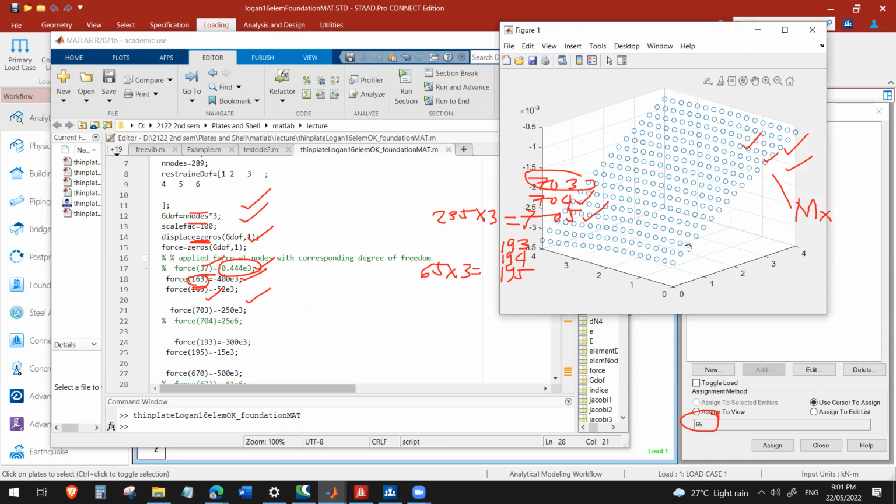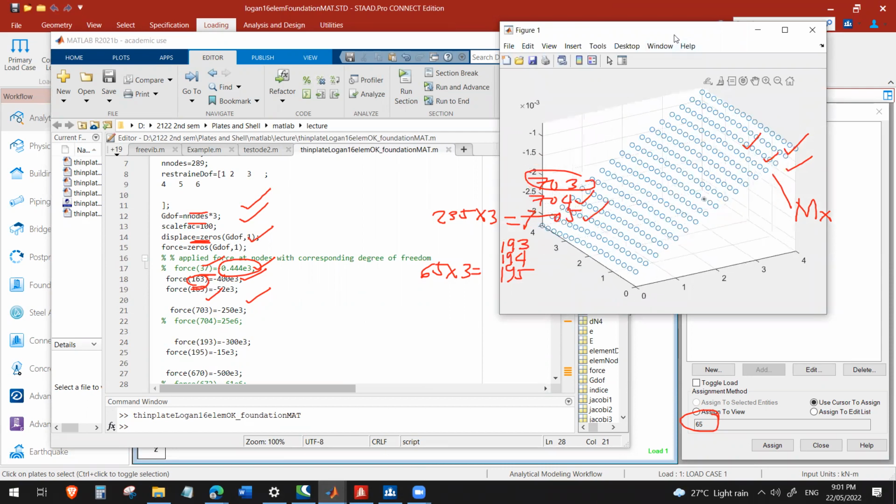Which is consistent with STAAD, because the vertical displacement is somewhere here, so the minimum is somewhere here. One edge is this one, another edge is this one. Now let's verify the displacement.